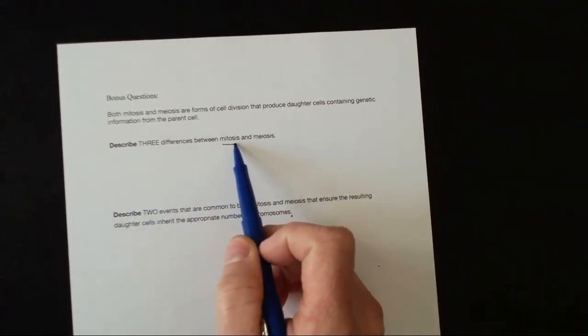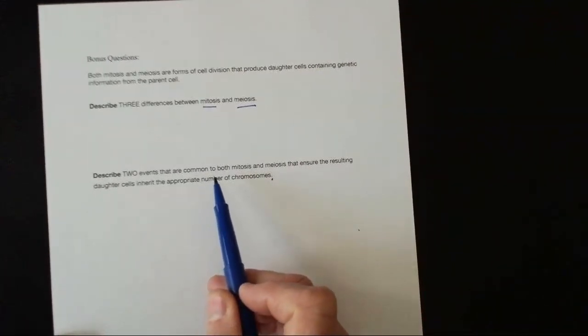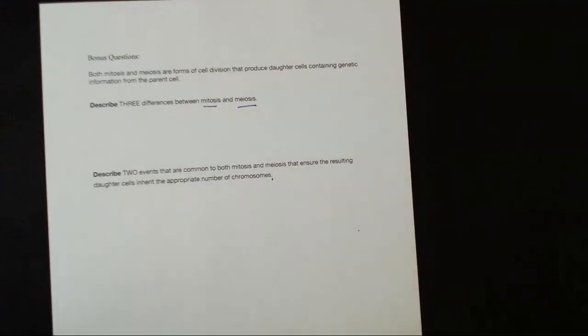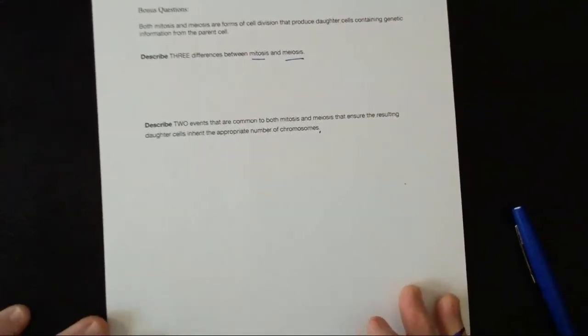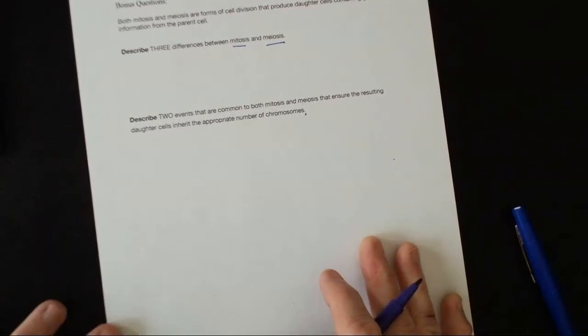Describe 3 differences between mitosis and meiosis, and then down here, 2 events that are common in both mitosis and meiosis that ensure the resulting daughter cells have the appropriate number of chromosomes. So what I would do is think about making a chart of the differences and similarities between mitosis and meiosis.